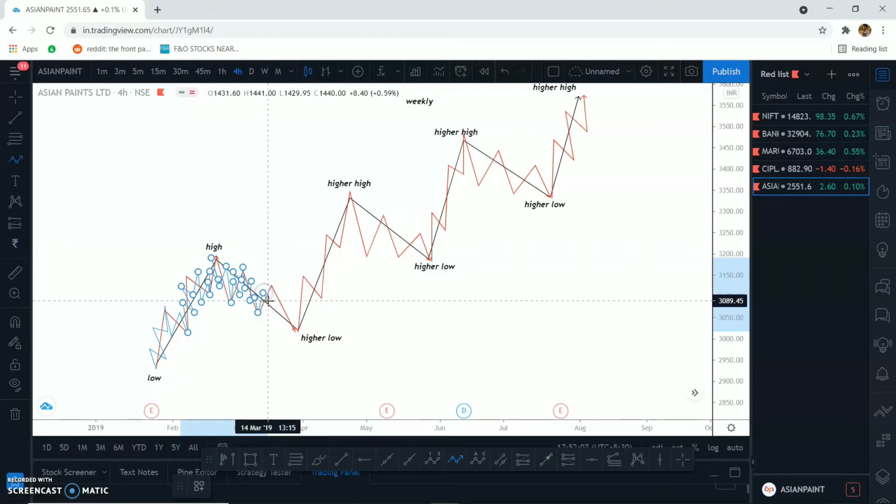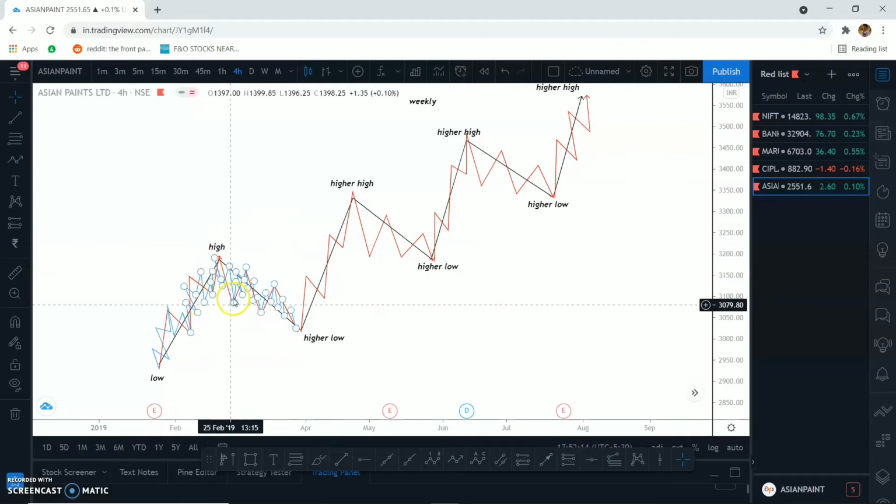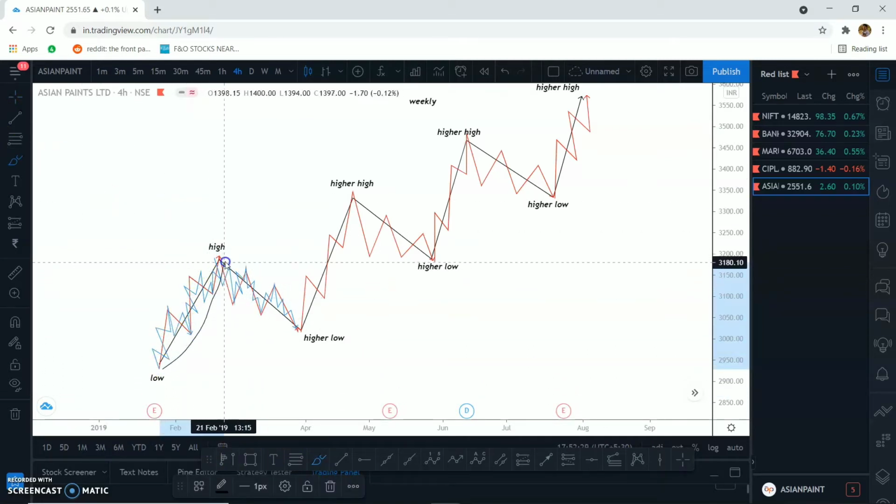Why? Because the daily is in a downtrend and the 1 hour comes in a downtrend. But look here, it's very important to understand how many times the 1 hour time frame trend was bullish. There were a few impulsive moves on the daily time frame. The daily and weekly were bullish, but for a few moves the 1 hour was bearish.